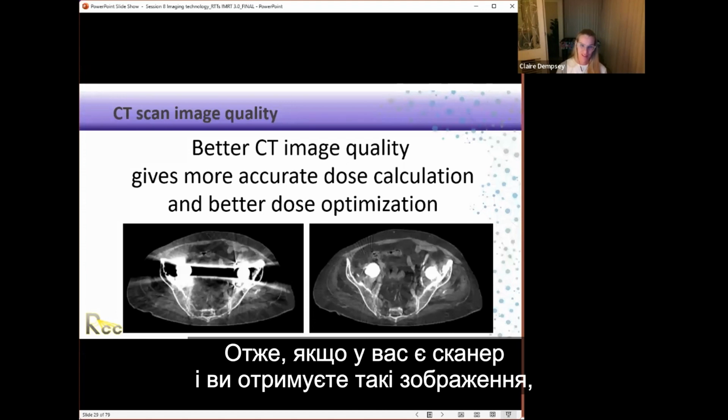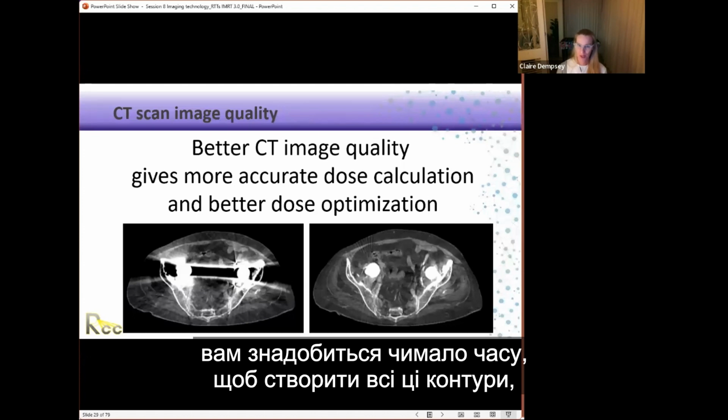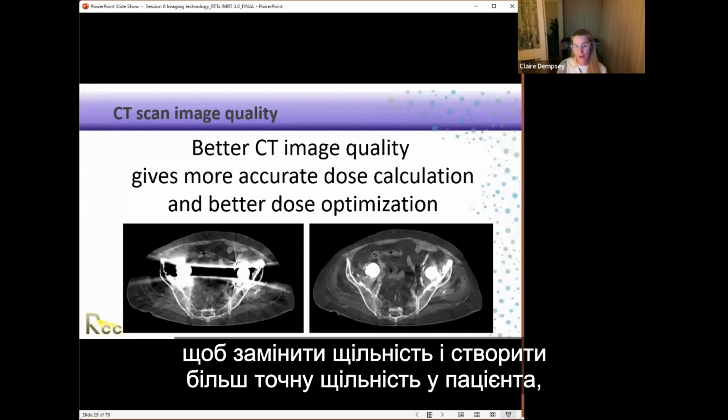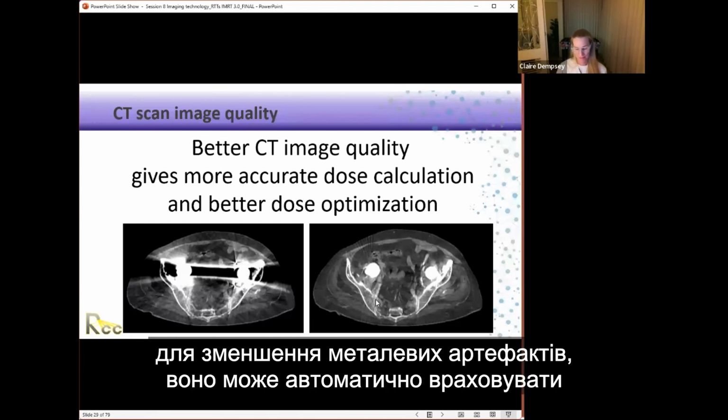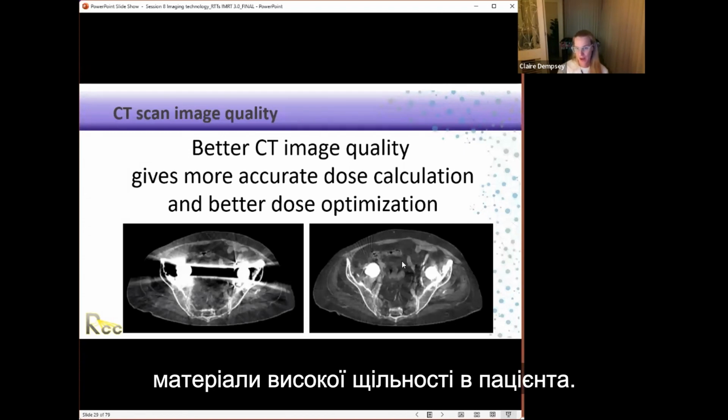If you have a scanner and you end up getting images like this, it's going to take a reasonable chunk of time to create all those contours to override density and create more accurate density within the patient, compared with having metal artifact reduction software that can automatically take into account those high density materials.